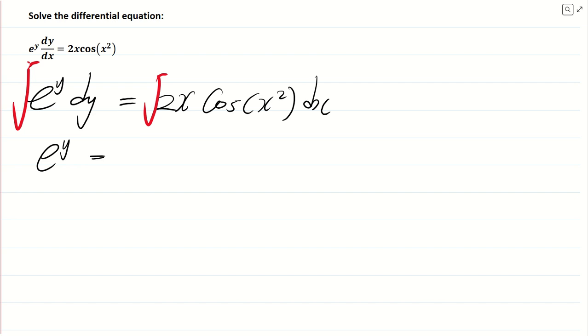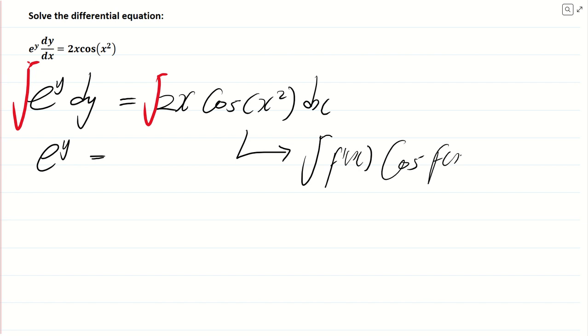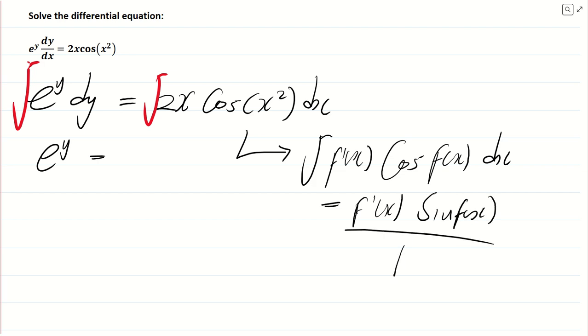As you can see, the formula here says the integration of f prime of x cos f of x dx is equal to sine f of x divided by the f prime of x that we found.